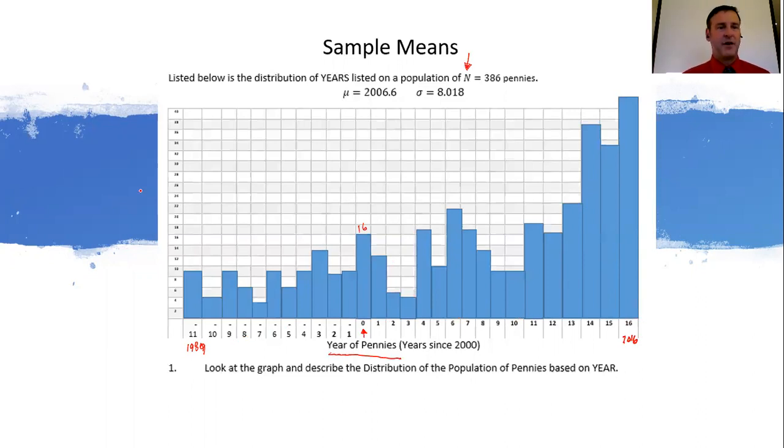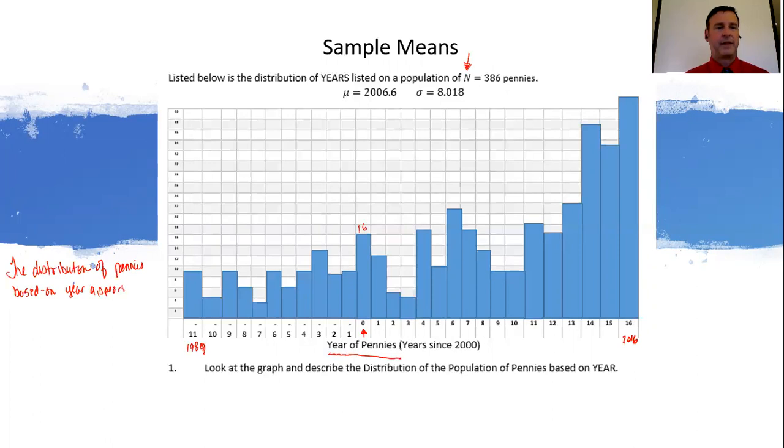If I'm asked to describe the distribution, here's what I would share. I would say the distribution of pennies based off year does not look approximately normal. It looks actually very skewed.